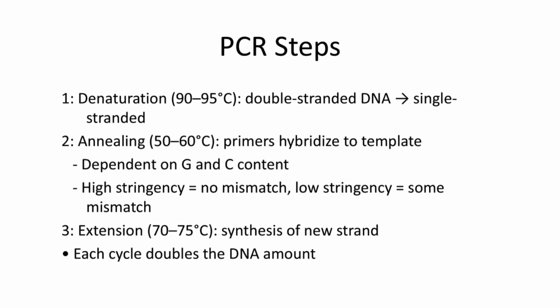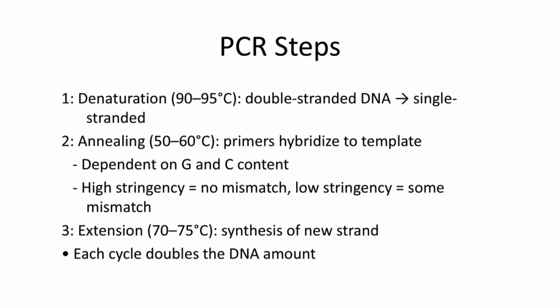Now, the steps of PCR. 1. Denaturation, at around 90 to 95 degrees Celsius, separates double-stranded DNA into single strands. 2. Annealing, at about 50 to 60 degrees Celsius, allows primers to hybridize to the single-stranded template. The annealing temperature depends on the G and C content of the primers.